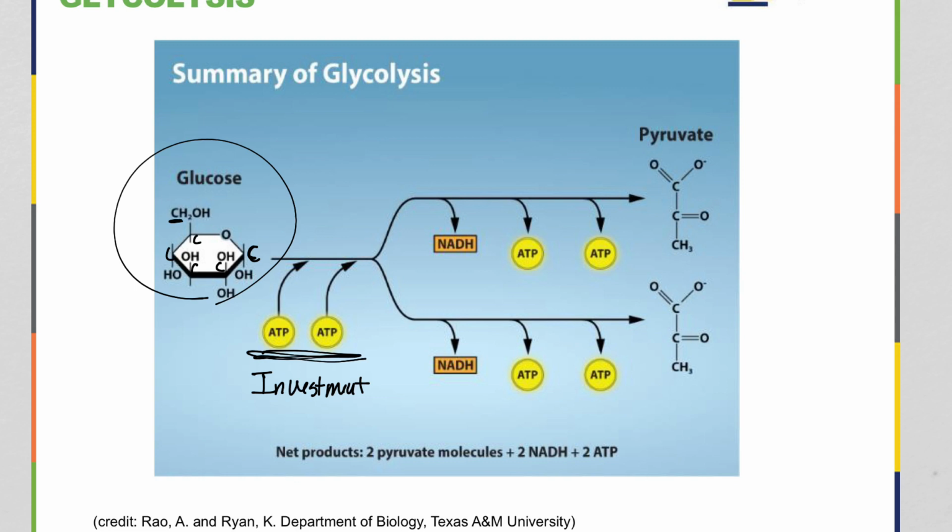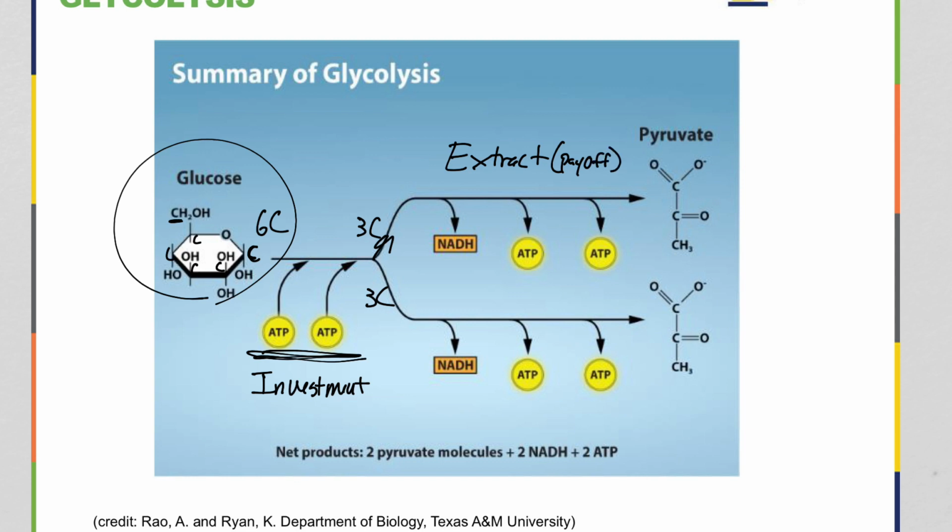And then later on, once we've split in half, right, so this is our 6-carbon glucose. When you see this fork in the road, that means that we're now branched into 2 3-carbon molecules. This is the energy extraction phase, right? So we invested a little bit at the beginning. This is the extraction, or you might hear some people call it the payoff phase, right?